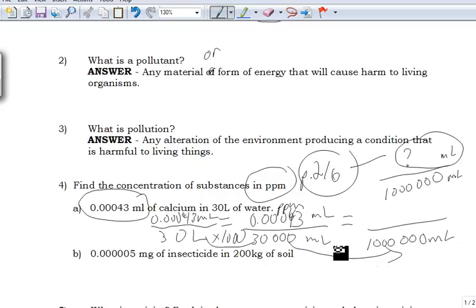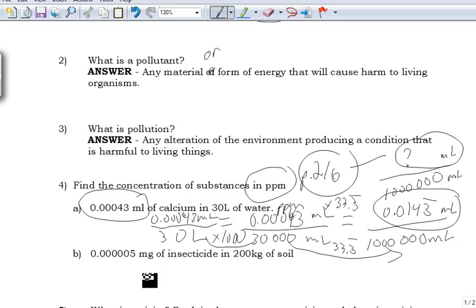We'd have to times that by 33.33 to get 30,000 into a million. So times the top by 33.33, and you get 0.0143 repeating 3, and there's your answer in parts per million.